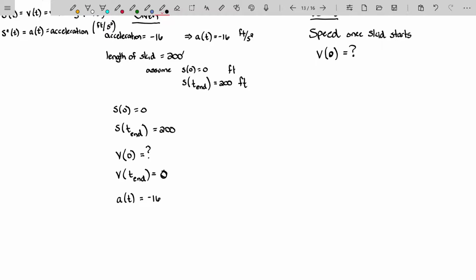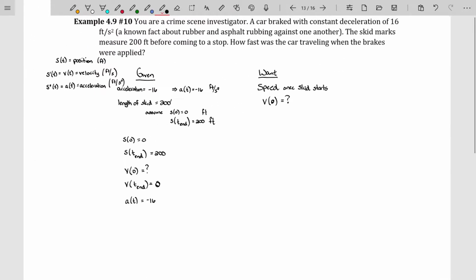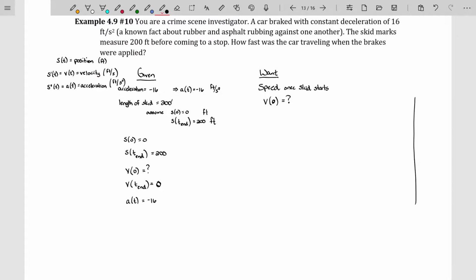And we could start with the lowest rung on this ladder. Remember, I always think of it as a ladder, and you have some function, we'll call it S. Its derivative, S prime, is 1 rung down, and its second derivative is 2 rungs down. That's the acceleration. So if I happen to know the acceleration, its antiderivative would give me the velocity, and the antiderivative of the velocity would give me the position.